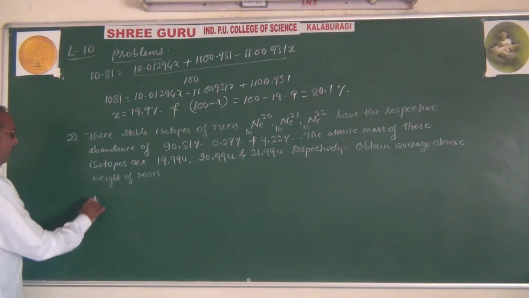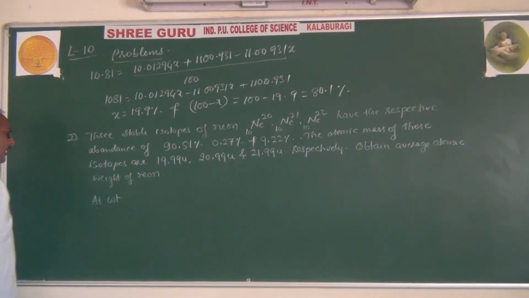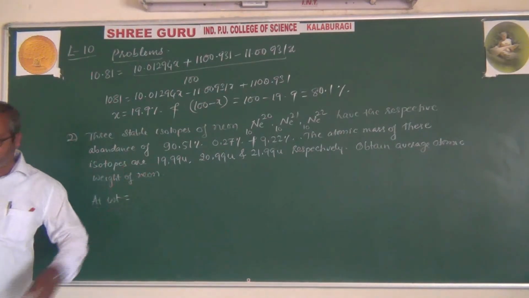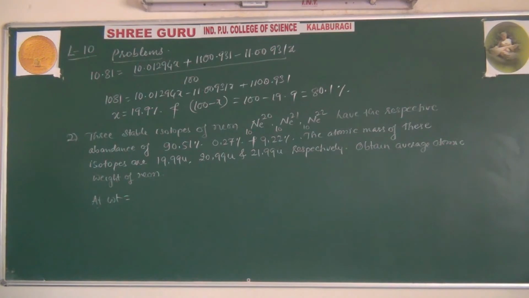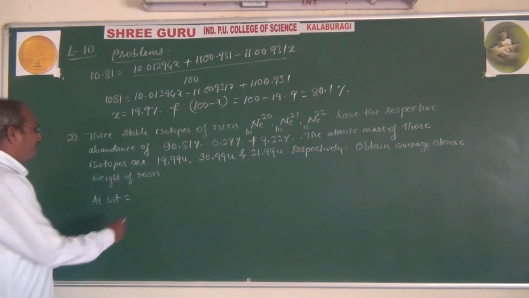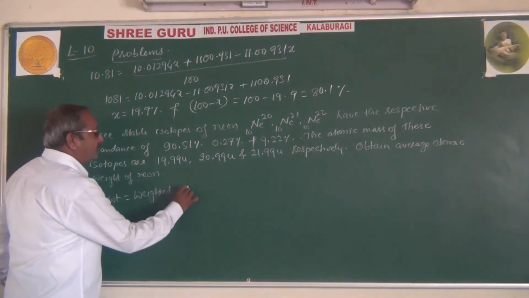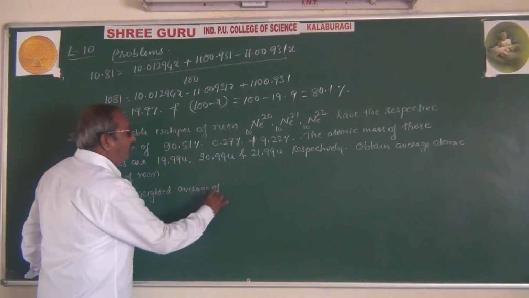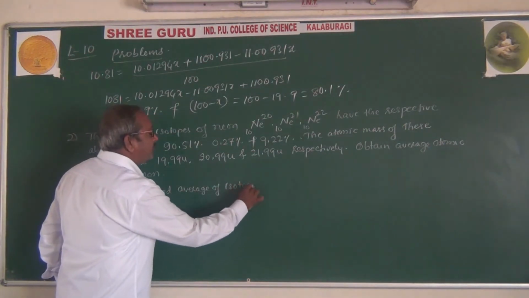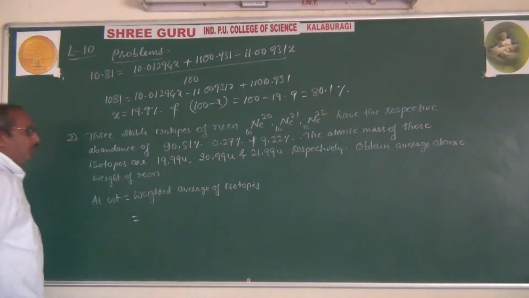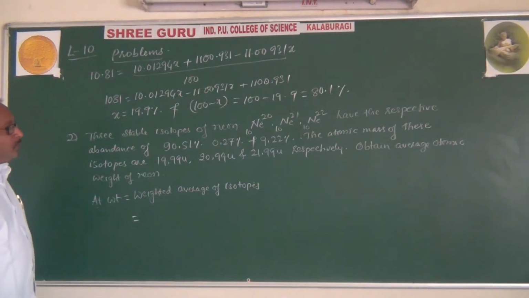Again, for this atomic weight, I will write it in short. Atomic weight is, as you all know already, the weighted average of the isotopes, which is equal to the sum of the product of atomic masses with their abundance divided by total abundance.